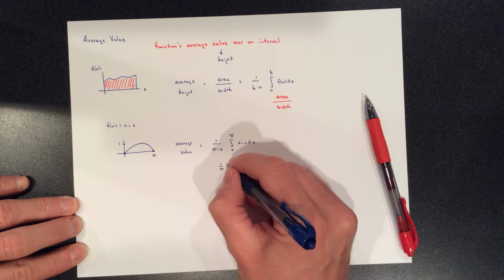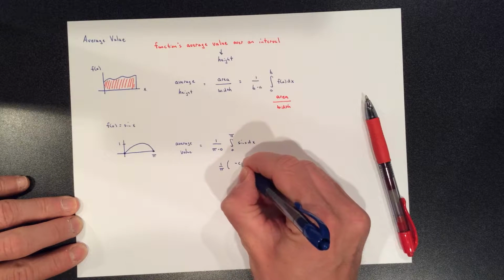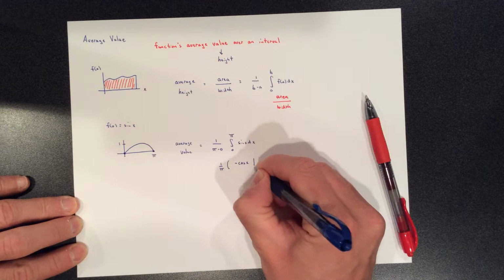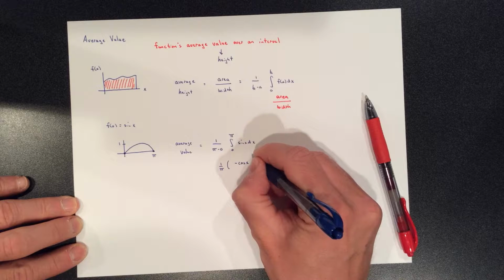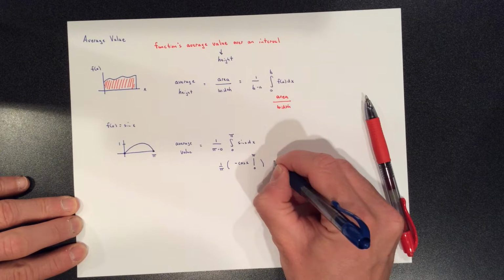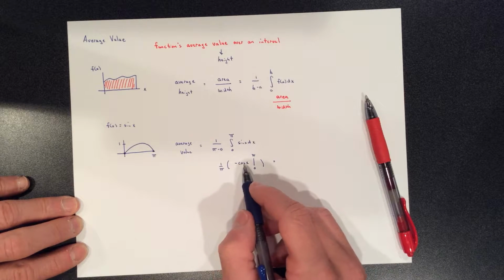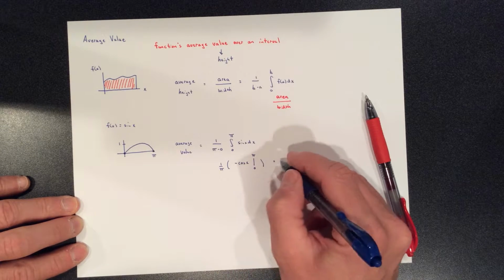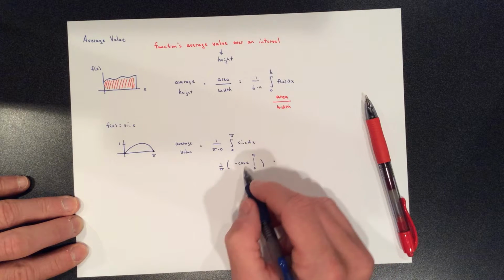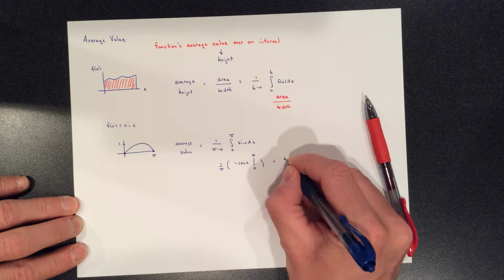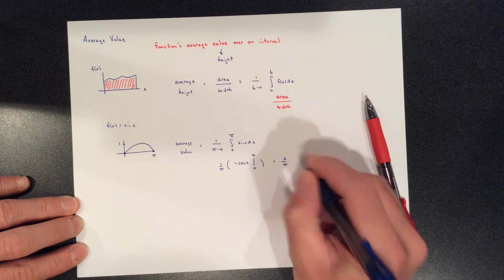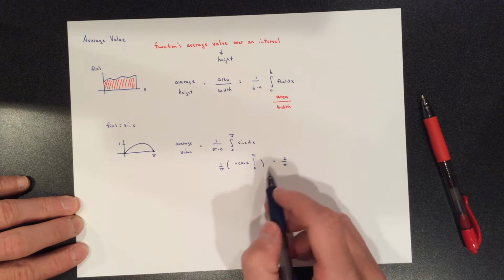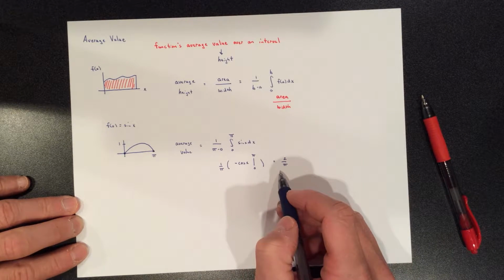Integrating sine, well, the integral of sine is negative cosine. Evaluate from 0 to pi. That's negative cosine of pi, so that's negative negative 1 minus negative 1. That's just going to be 2. This whole thing is 2, and then 2 times that is just 2 over pi. So we're claiming that the average height there is 2 over pi.